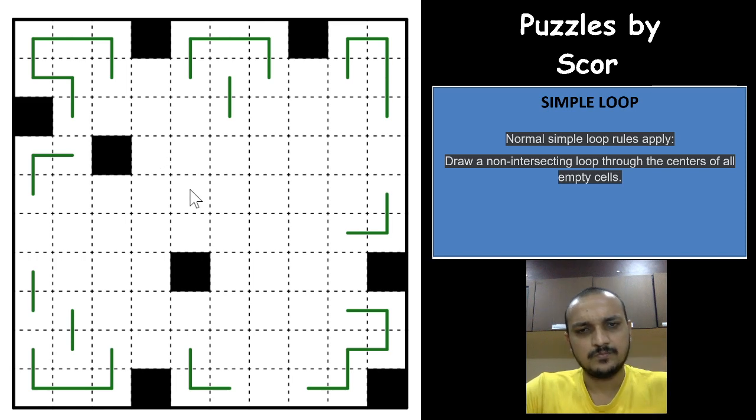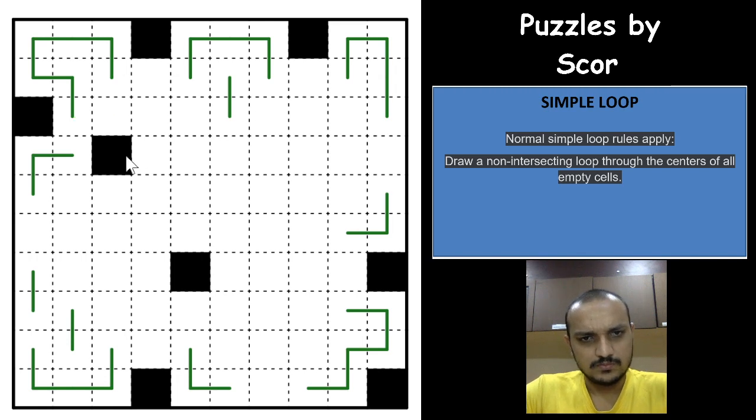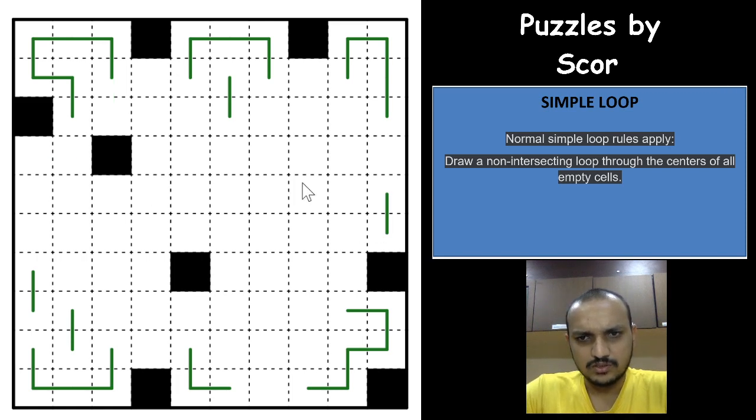Okay, so let's see what's there. I don't see anything here. If it comes down, that is also possible. So come on, what are we missing here in this puzzle?